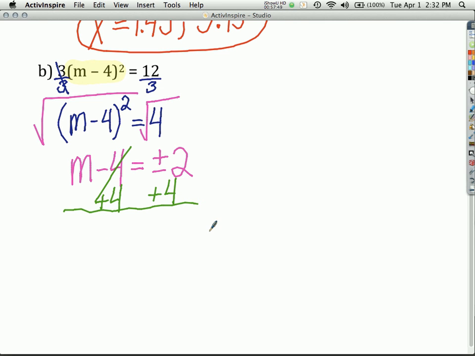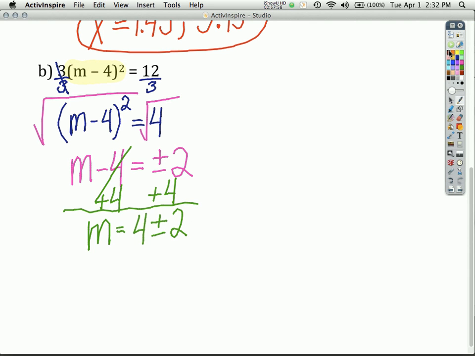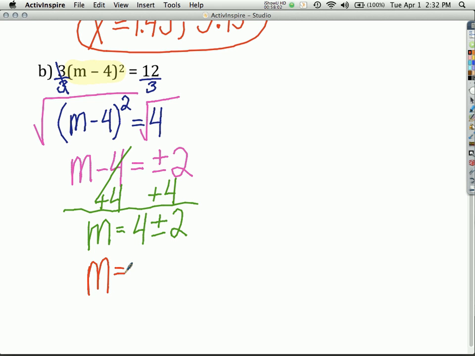And we are left with m equals 4 plus or minus 2. And so now you can do mental math. 4 plus 2 is 6. 4 minus 2 is 2. And so you get 2 solutions.